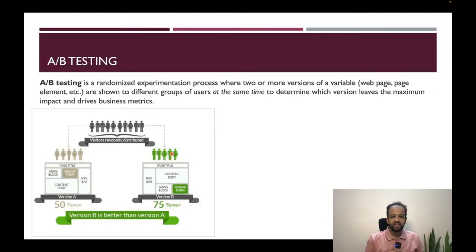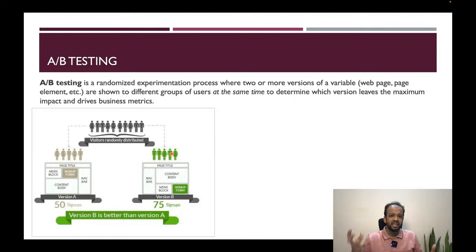Another way to do it is based on the time that the customer is visiting. Like every second, if there is incoming traffic, the even timestamps you can put into version A, the odd timestamps you can put into version B. Now, if you do the randomization like this, then the distribution would be mostly similar because there is no reason to believe that people who are coming at even timestamps are different from people coming at odd timestamps.